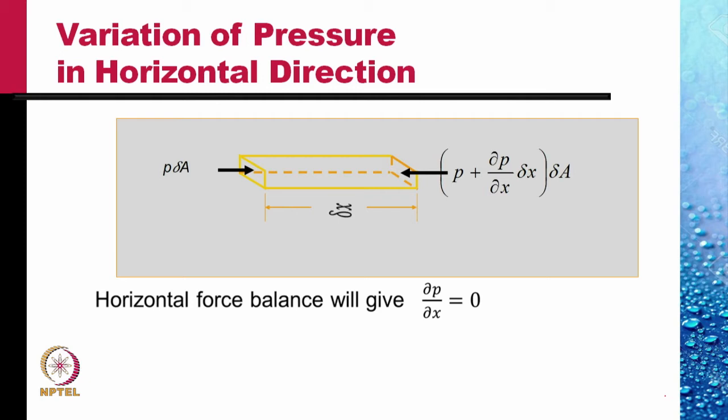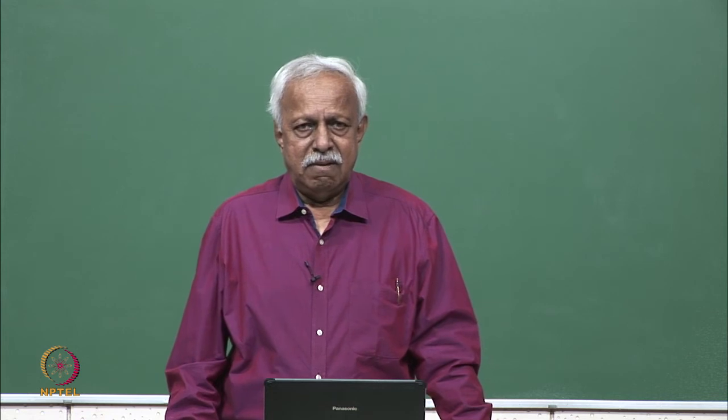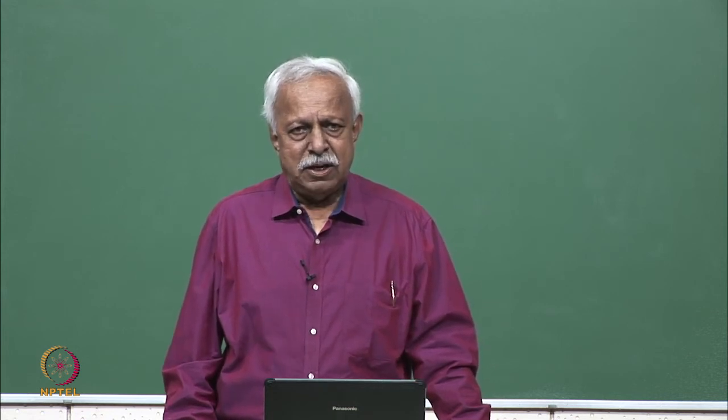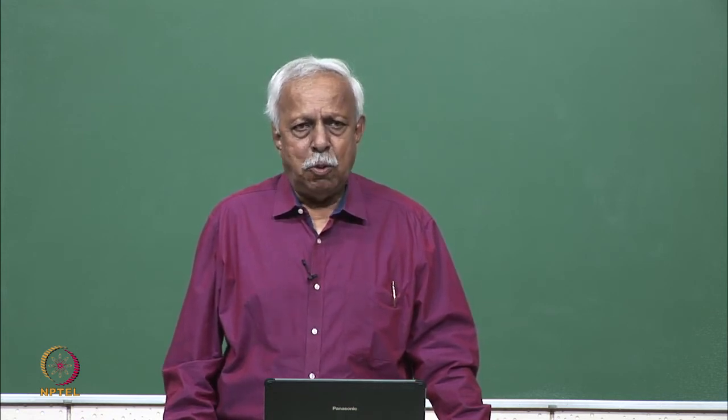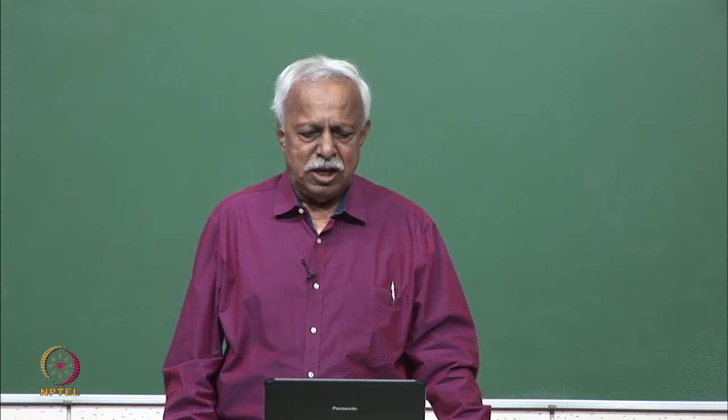So there are no variations in pressure in the horizontal direction. Within a fluid, the pressure at 2 points which are on the same horizontal level must be the same.